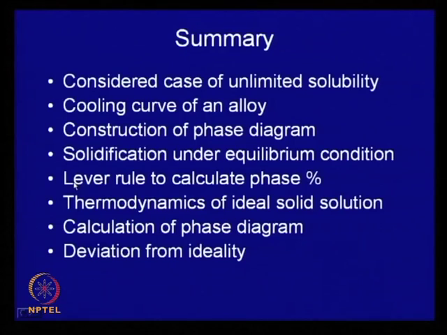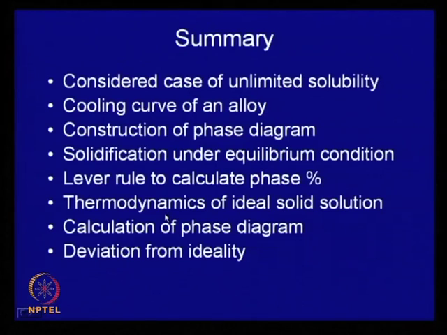We also talked about the lever rule, which helps us calculate phase percentages at a given temperature. This is a general rule, and we will be using it with phase diagrams to interpret microstructure evolution.